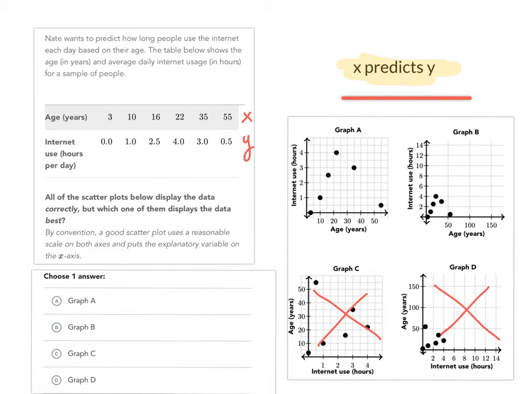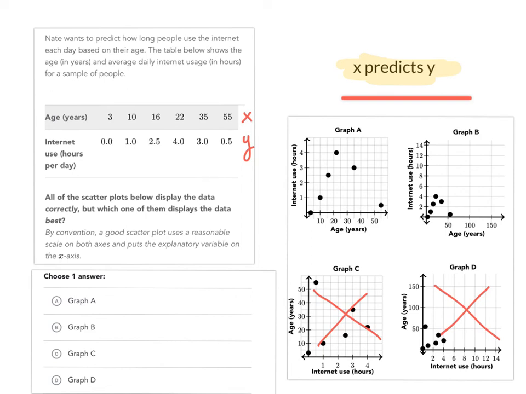So let's take a look at the labels on our axes. On our x-axis here, it looks like we are labeled by 5, 10, 15, 20, 25, 30. It looks like our age in years is labeled every 5 years. And when you take a look at graph B, age in years is labeled every 50 years. Well, I don't think that makes much sense.